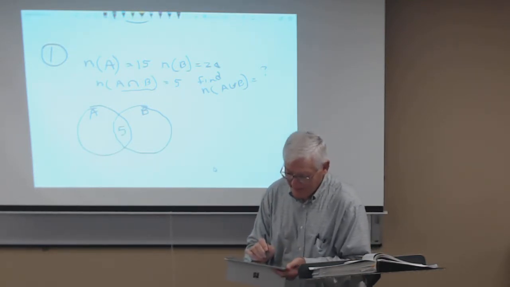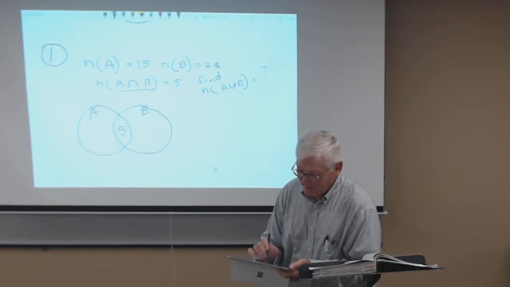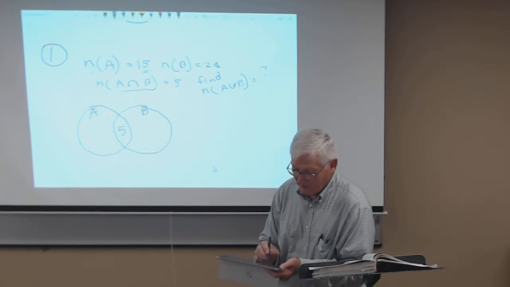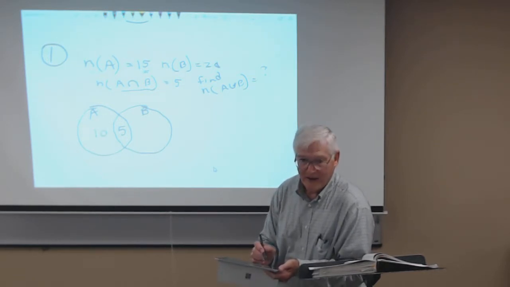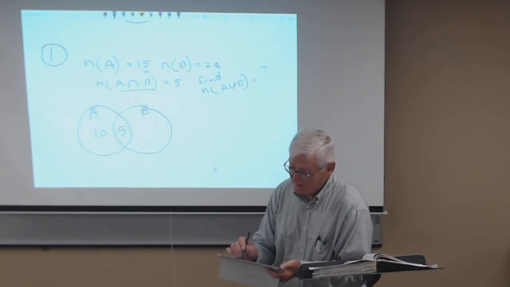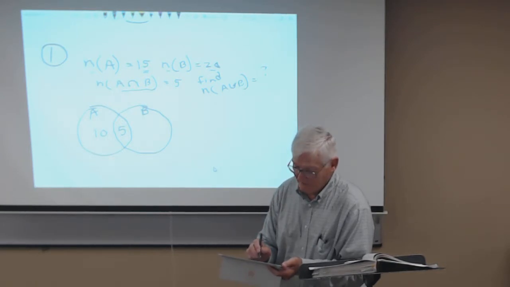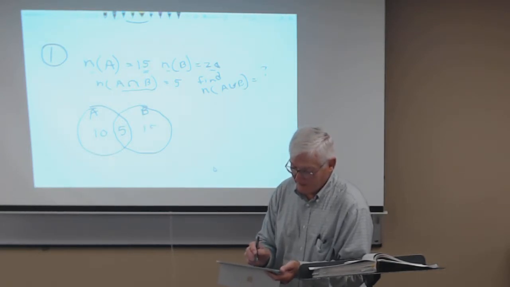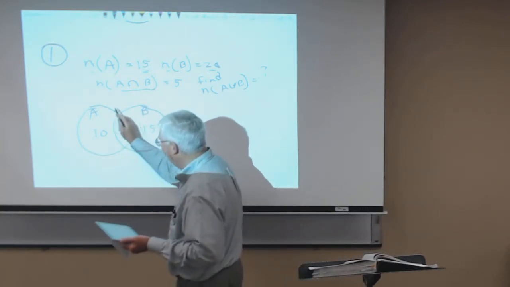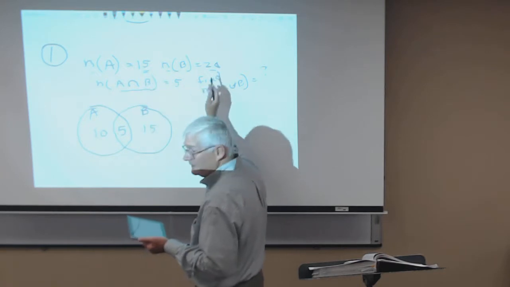Now, what's the number of elements in A? So if 5 of them are here, what goes out here? 10. Everybody follow that? And B has 20. The number of elements in B is 20. And if 5 are here, how many go out here? 15. So now B has 20. And A has 15. Just what they said up there. Okay?